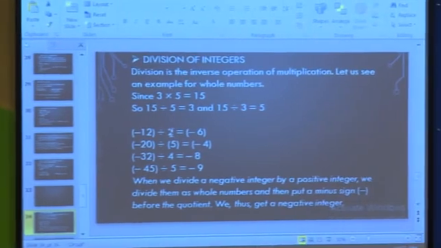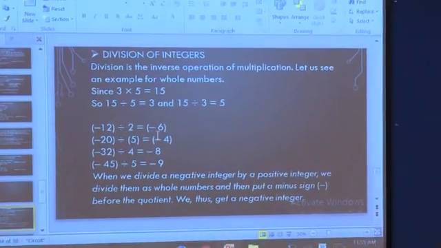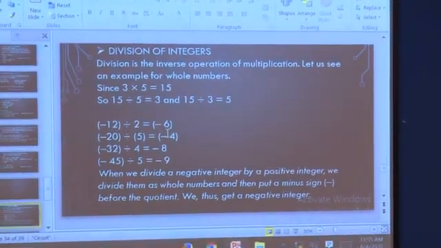We put the minus sign before the quotient, when we get the answer. So, we thus get a negative integer. In short, I can say, when you divide a negative integer by a whole number or by a positive integer, you get a negative integer as the answer.